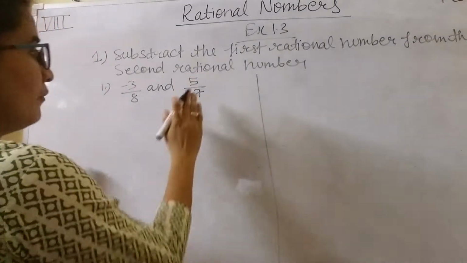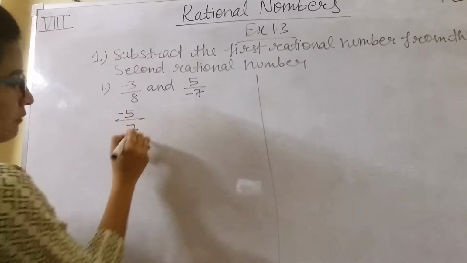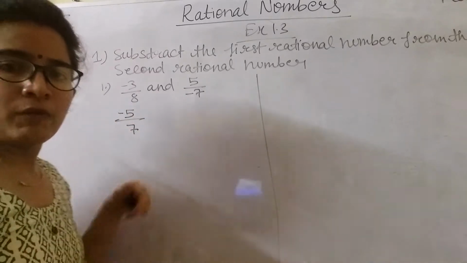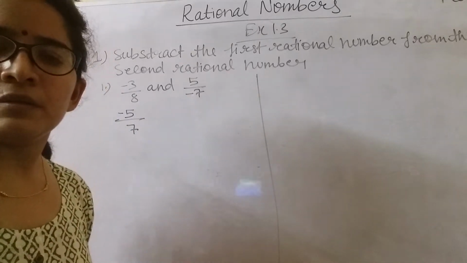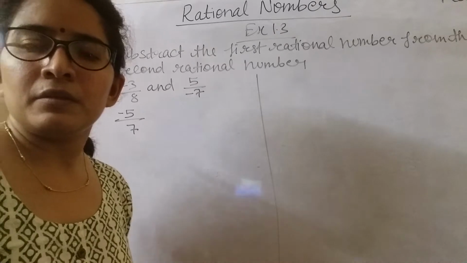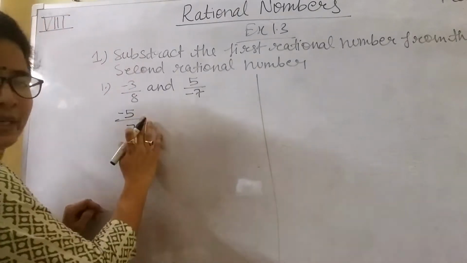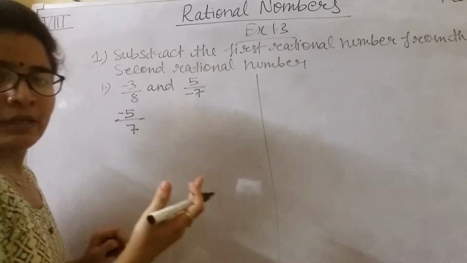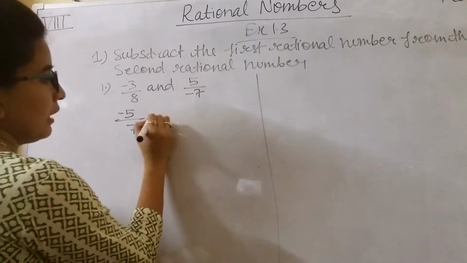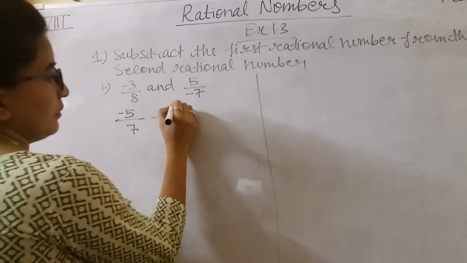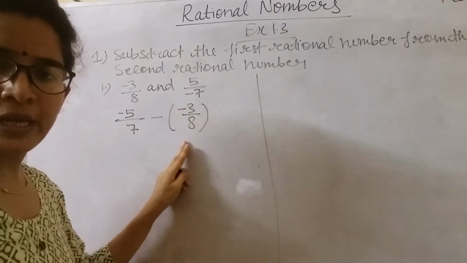So we'll take -5 upon 7, because the sign of minus will always remain in the numerator. So we will take -5 upon 7 at the first place, and then we will subtract -3 upon 8 from it.